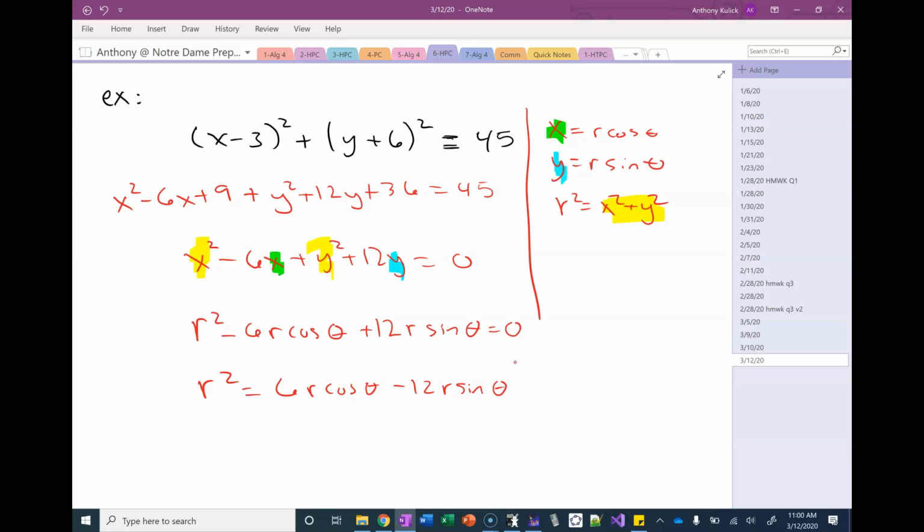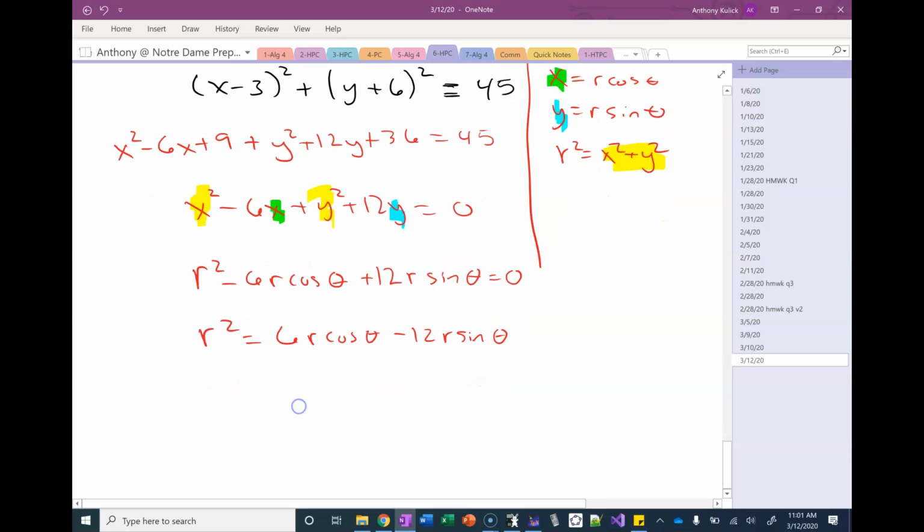Can that be 0? So guess what we can do? Because r is non-zero, I can divide both sides by r. Normally, you don't want to divide by a variable, because if that variable is 0, or could be 0, that's a problem. But since r is a physical distance, it is non-zero, so we can do that, and we're done.